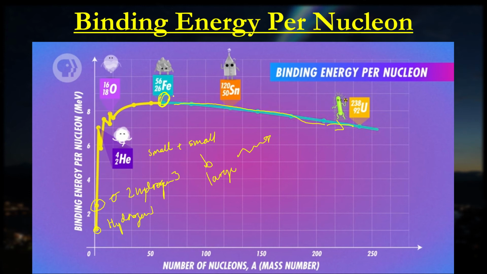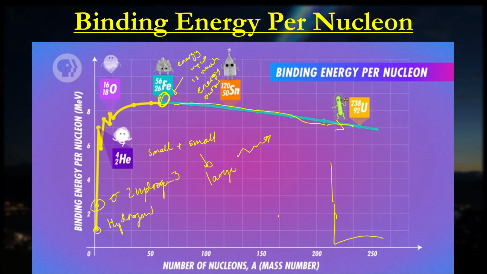So from this point onwards, the energy input is much higher than our energy output through the formation of these nuclei. Okay, what won't change though is the overall energy of the nucleon.